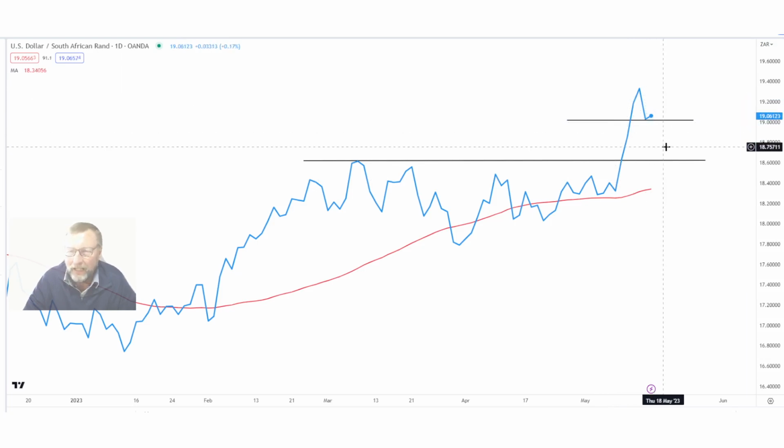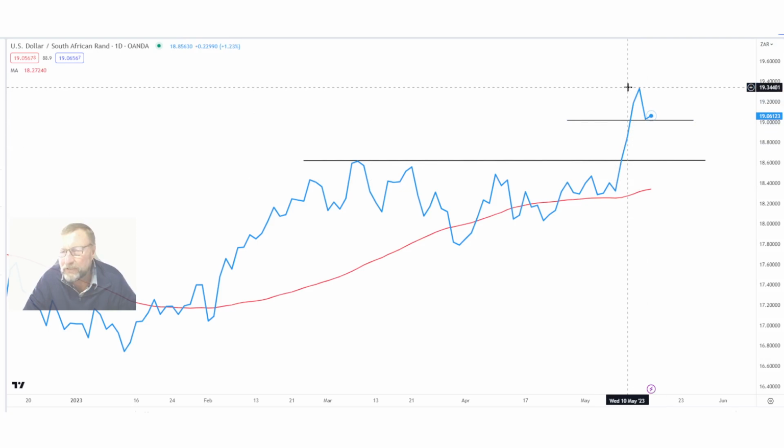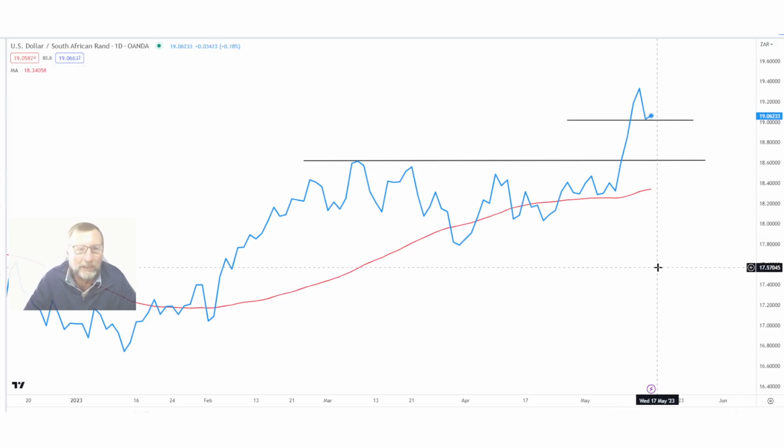Let's see. And unfortunately, if we look at this level, 19.34 on a daily close, if the rand starts to weaken above that, guys, we can maybe see 19.60. And if you look at the longer weekly chart, you can maybe see a chart going up to well above 20 rand. So that just tells you one thing, that the rand is in a weakening trend.